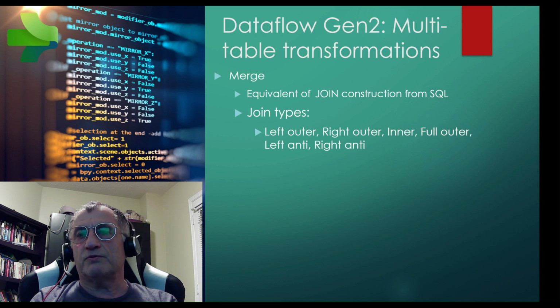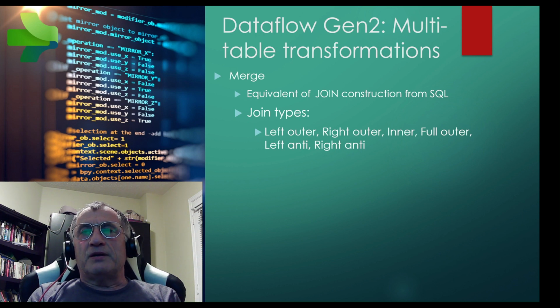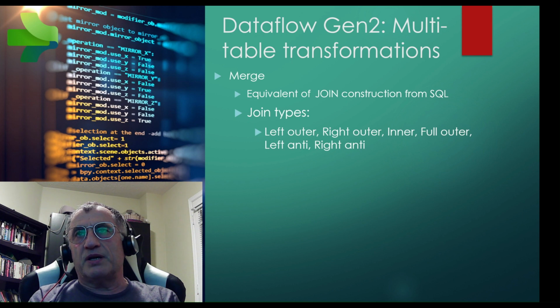Full outer join will bring rows from both tables. Left anti-join will bring all the rows from the left table that do not have a match in the right table. And the right anti-join will work the opposite way.